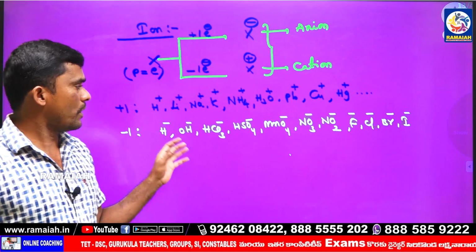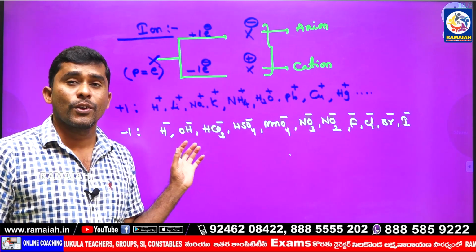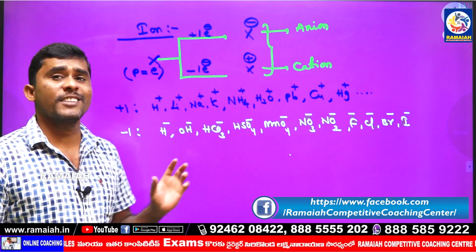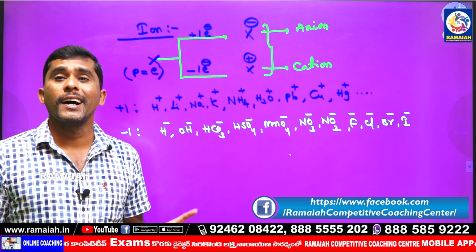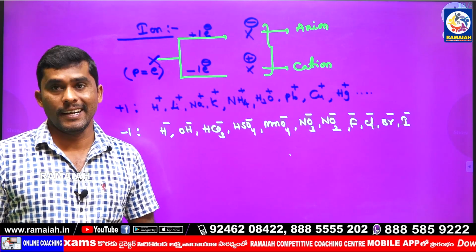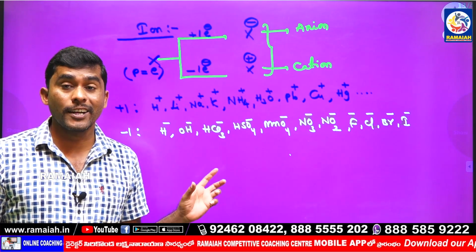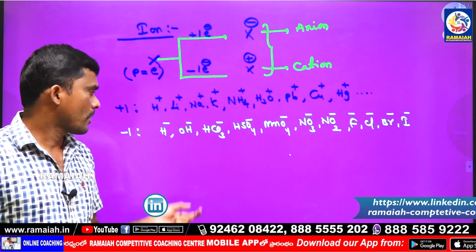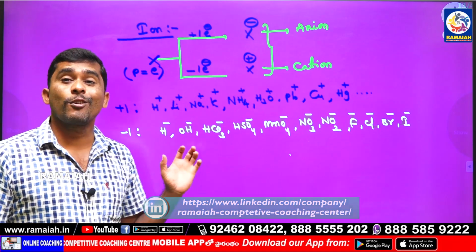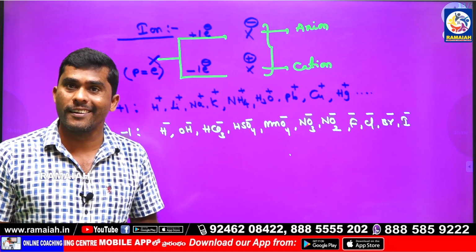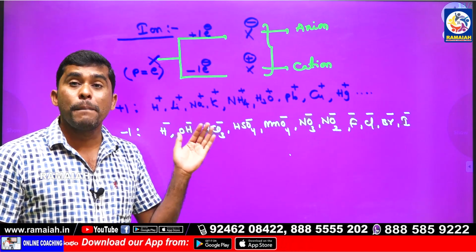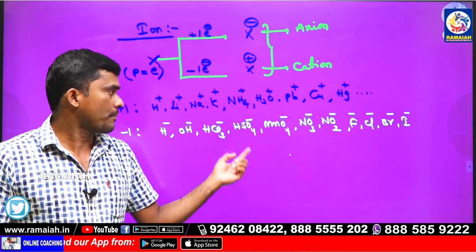So these are all examples of uni-negative ions. H minus is called hydride, not hydrogen. OH minus is called hydroxide ion. HCO3 minus, bicarbonate ion.